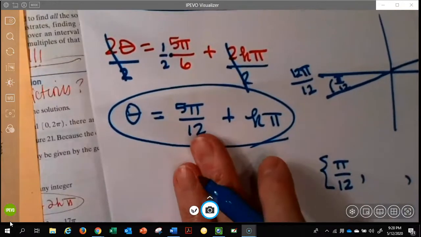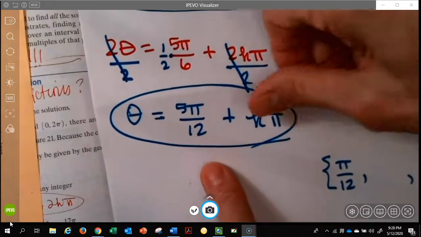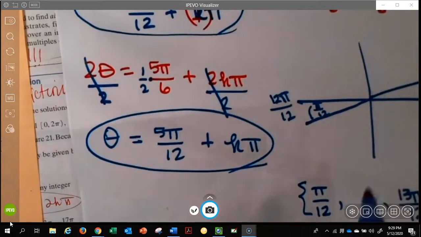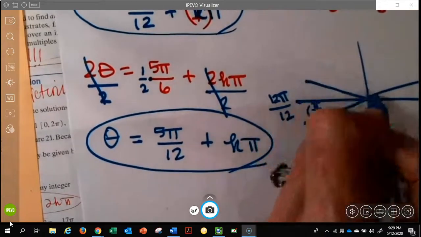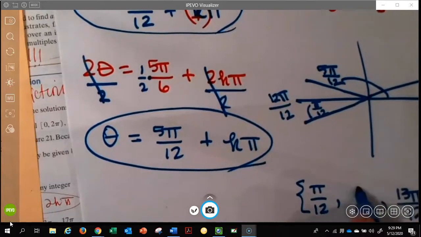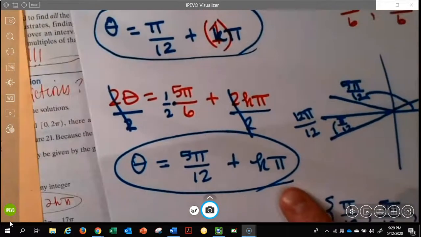Now let's look at what we can get out of this theta. So I'm going to start with, if I had 0 for my k, then I'm at 5 pi over 12. So 5 pi over 12 is about right there. That lands in our 0 to 2 pi, so we have another answer. But wait, there is more.